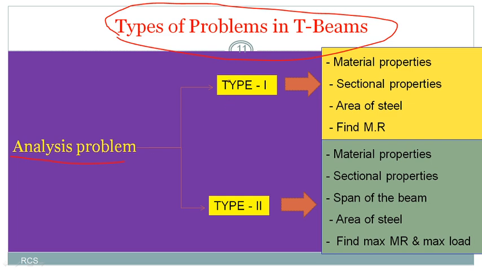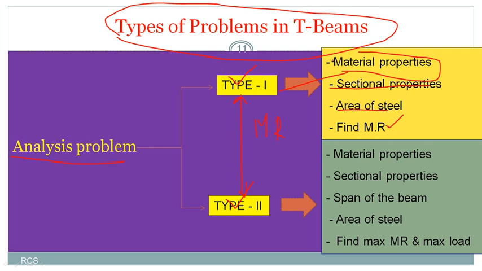Again, these analysis problems are categorized as type 1 problems and type 2 problems. The motto of type 1 and type 2 is that ultimately you have to calculate the moment of resistance. In type 1 problems, it will give the input data like material properties, sectional properties and area of steel. Then we have to calculate the moment of resistance.